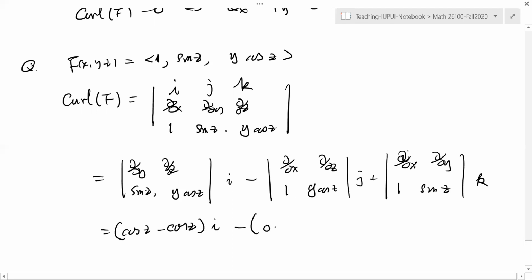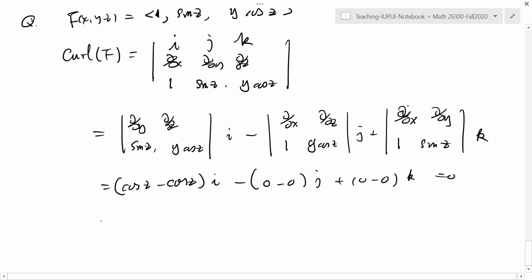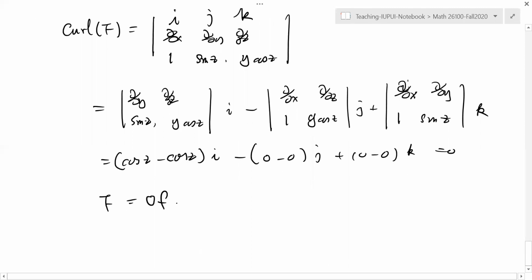The second one is 0 minus 0 j. The third one is 0 minus 0. Okay, so clearly it's going to be 0. So the curl of the vector field is going to be 0. It's defined on the whole R3, so I believe that F should be the gradient of some function. Okay, so I have to find out.